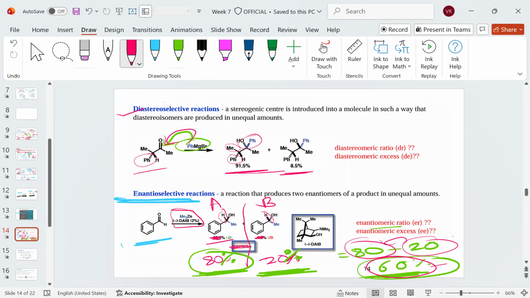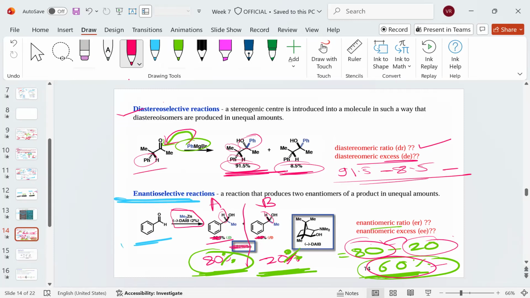So whatever the products formed, the ratio of these two products is 91 to 8, so this is the diastereomeric ratio. But what is the diastereomeric excess in this case? It is 91.5 minus 8.5.